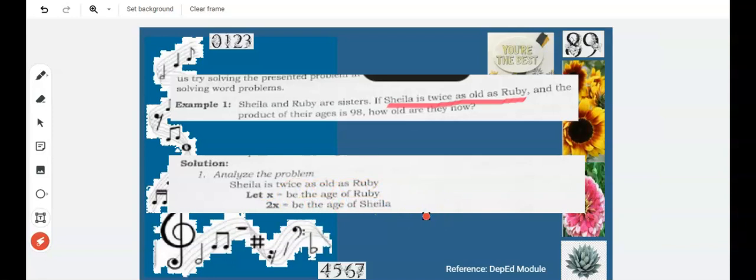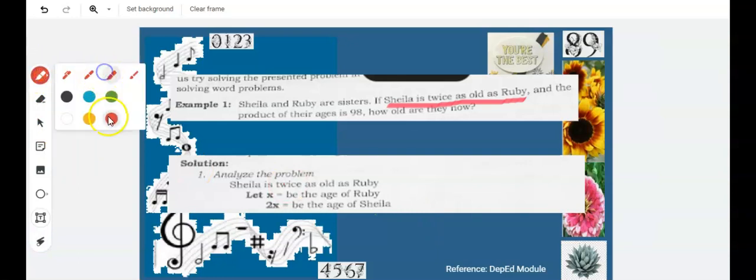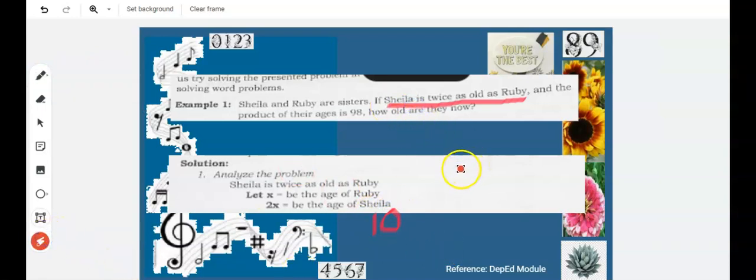Now, let's have this concrete scenario. Let's assume nga ang age ni Ruby kay 10. Unya, ingon ta nga ang age ni Sheila twice sa age ni Ruby. Unsa man ang buhaton nato sa age ni Ruby nga 10?